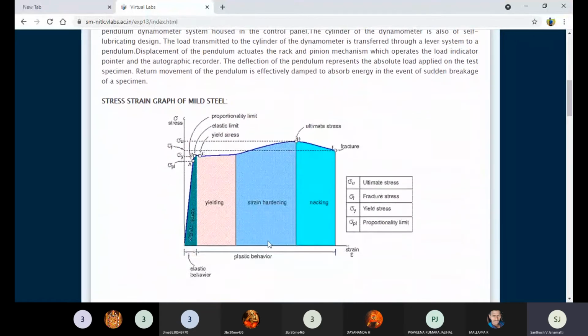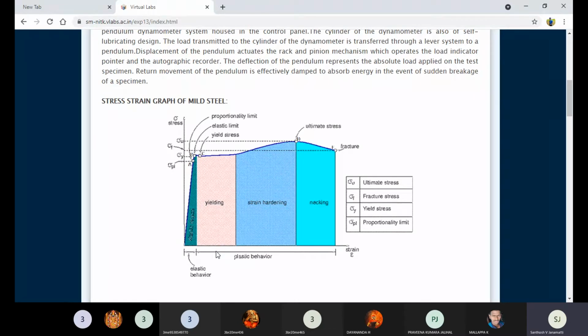Ultimate tensile strength means the ultimate stress. Through the ultimate stress only can we determine the strength of the given material. However, we will calculate the ultimate strength and tensile strength of that particular property. But meanwhile, we should understand how the deformations take place in ductile materials.